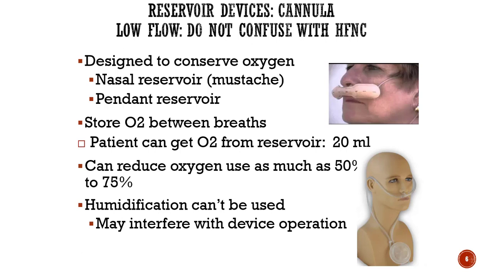One, we talked about, which is the reservoir that traps that 100% oxygen and limits the patient bringing in as much room air. The other reason is the cannula is much larger, which you guys will get a chance to see in person, but you can kind of see it in this image here. And the prongs fill up more of the nare than normal low flow nasal cannula prongs. And so this also is going to limit that room air dilution by the patient and keep that FiO2 much more concentrated.